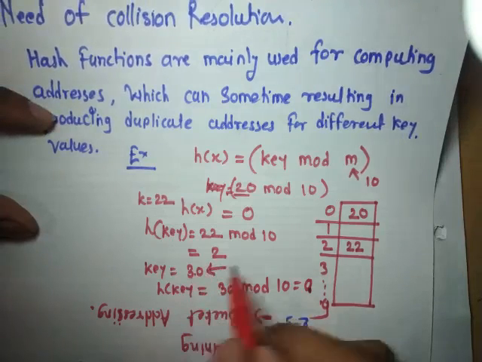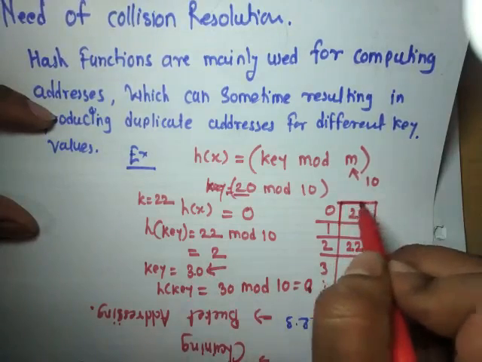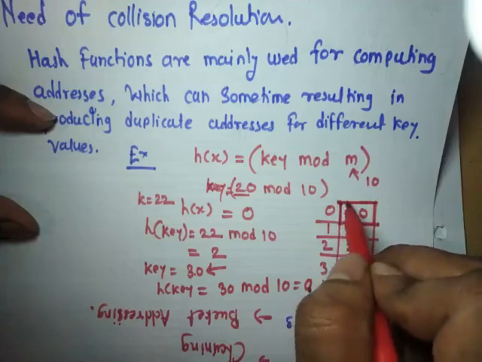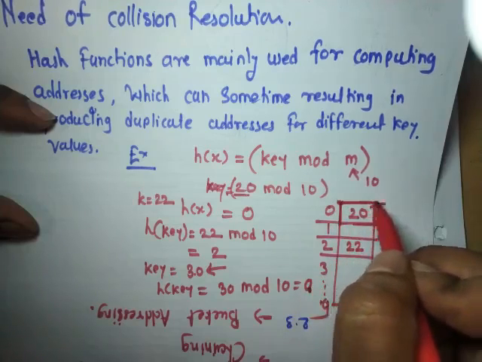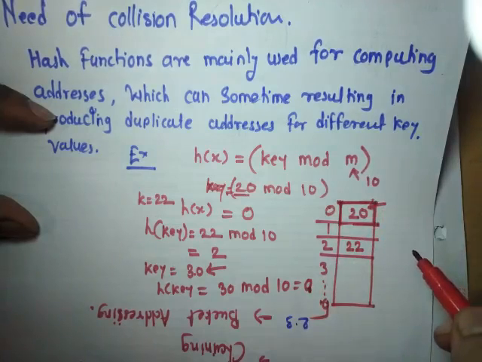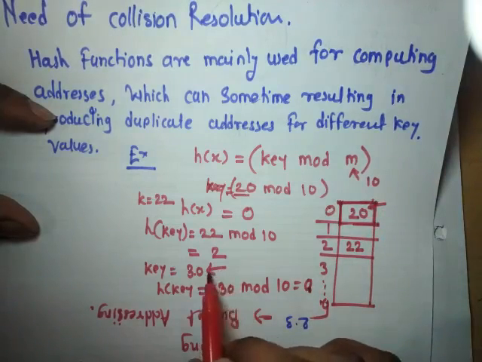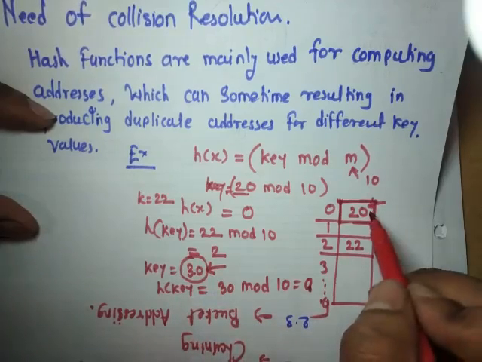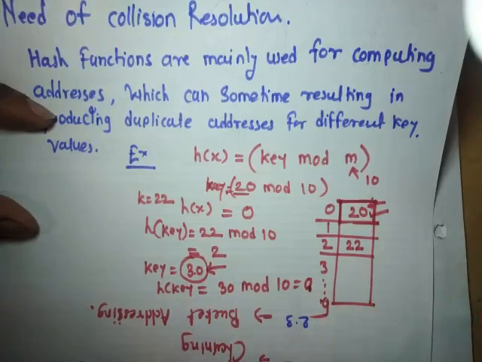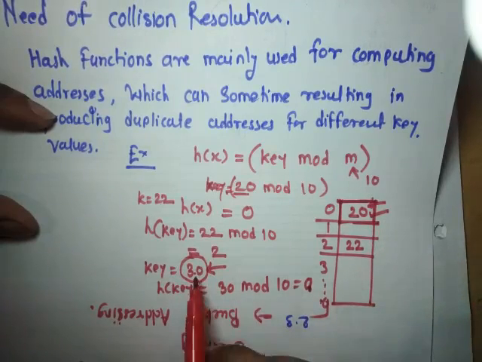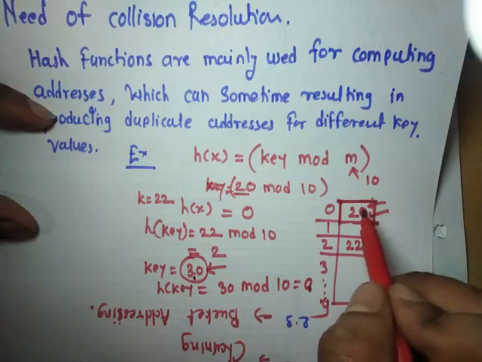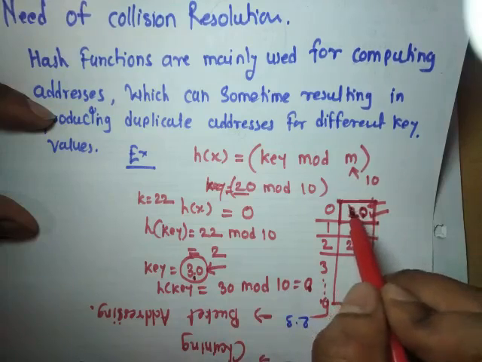But here comes the problem. The address location 0 is already filled with the element 20. We cannot overwrite that value with 30, since this is part of the hash table. If we forcefully write 30 over here, then the value 20 will vanish.